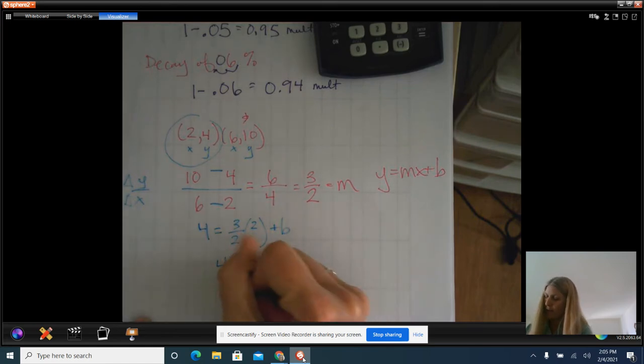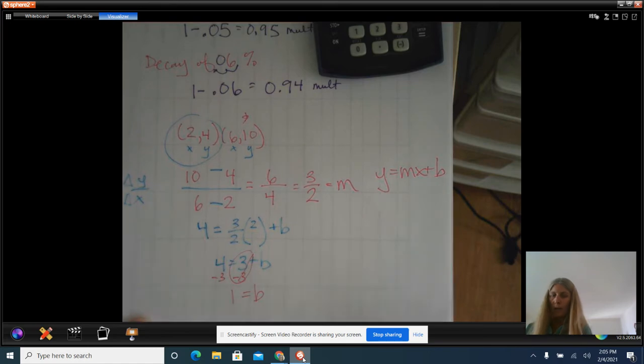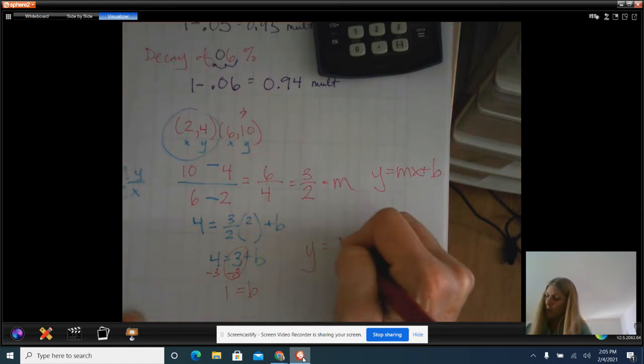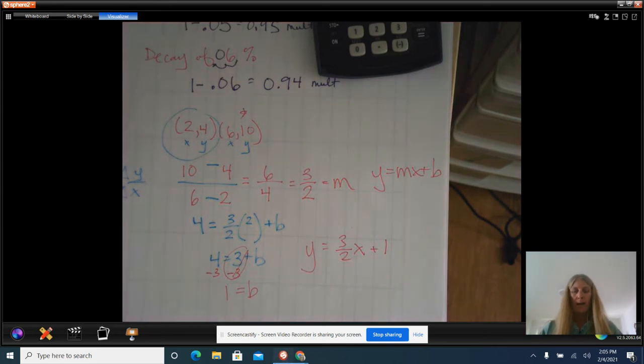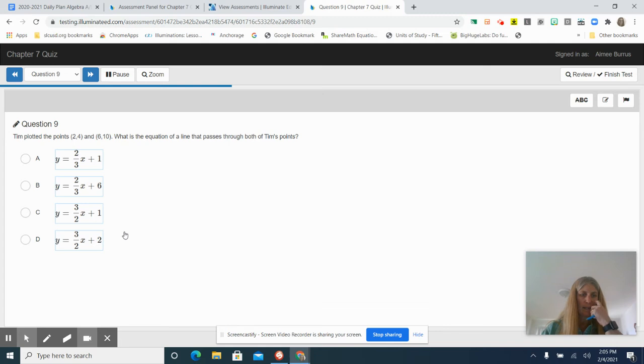I'm going to subtract 3 from both sides. And so b is 1. So our equation is going to be y equals 3/2 x plus 1. And then we just need to go ahead and go back into the quiz and see which one that is. And of course, it's 3/2 x plus 1. Okay, so we needed to do both those 2 points.